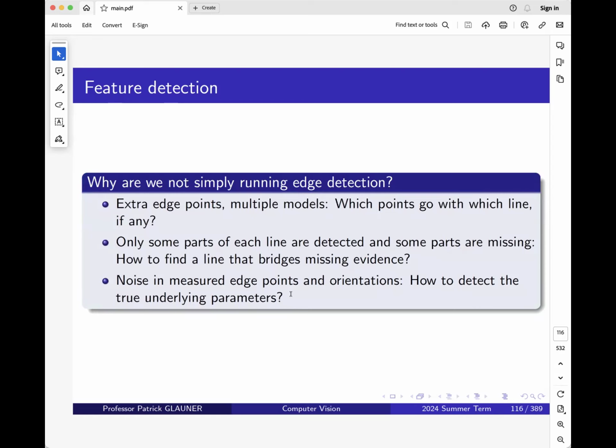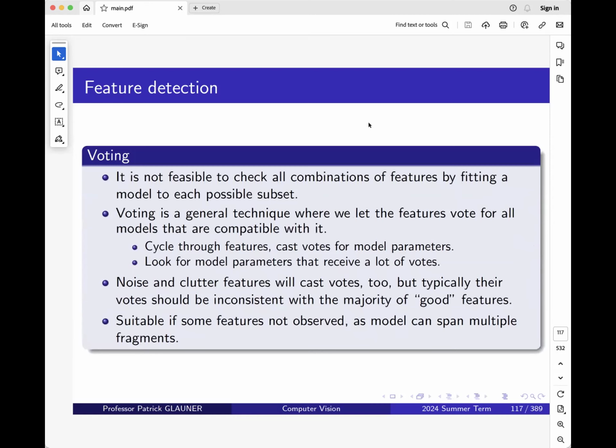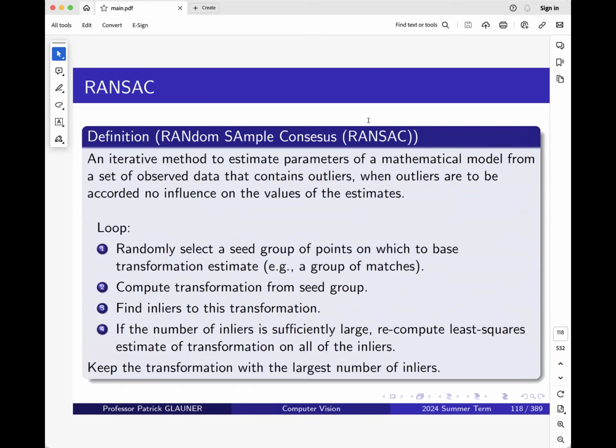So if some parts are missing or they're not fully straight, it's probably quite difficult to start working with edge detection. Edge detection can be, depending on my use case, a pre-processing step for finding more high-level features, but just doing edge detection is probably not enough. We will now be looking at an algorithm that we call RANSAC.